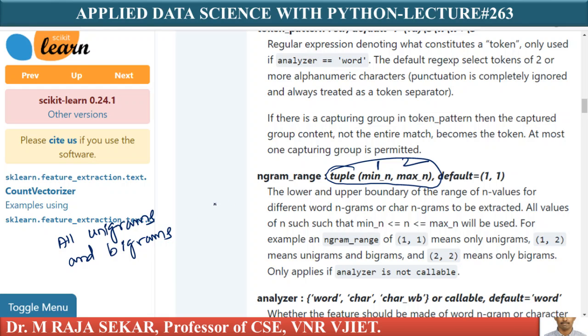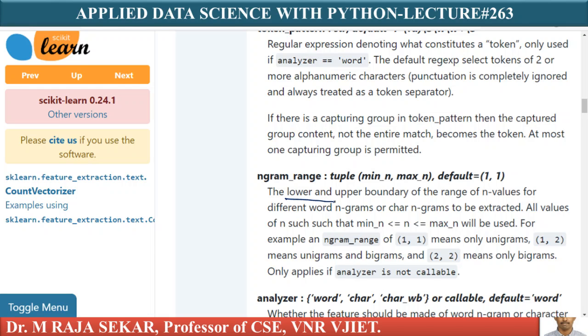It says lower and upper bound. Min underscore n is the lower bound. Max underscore n is the upper bound. It says the lower and upper boundary of the range of n values for different n-grams.